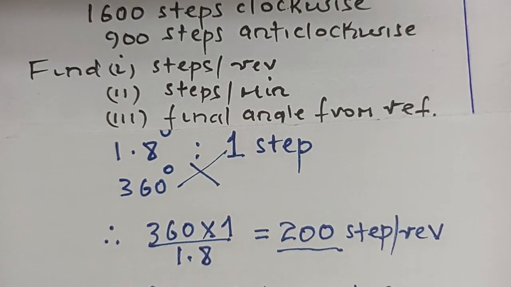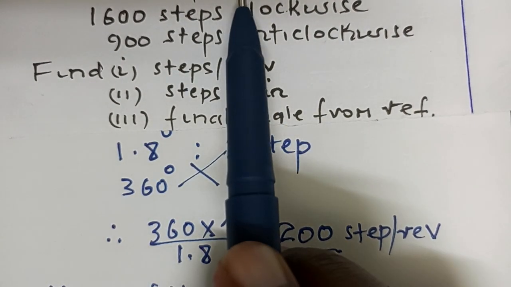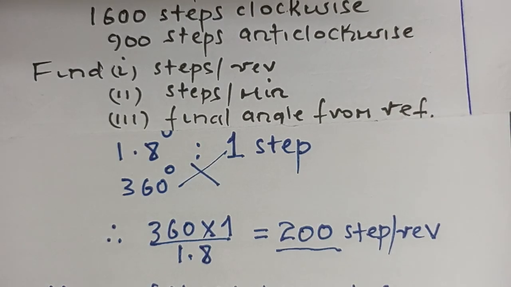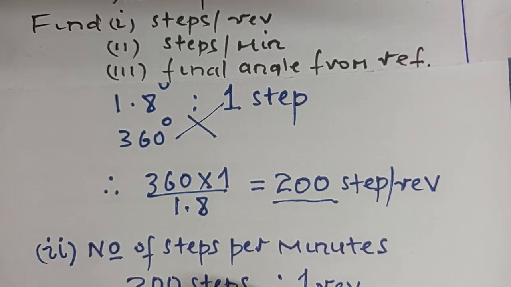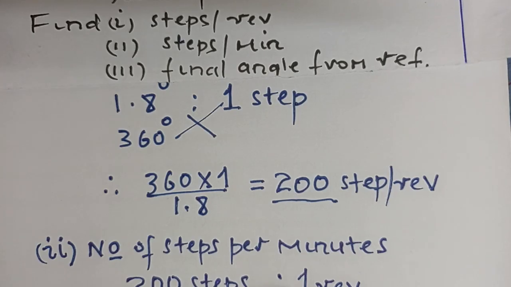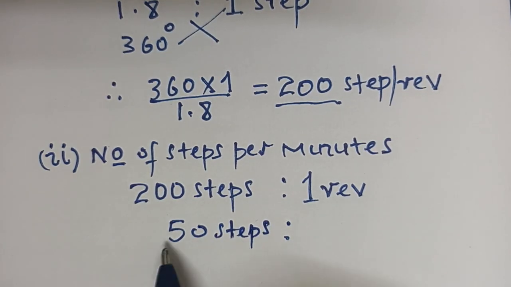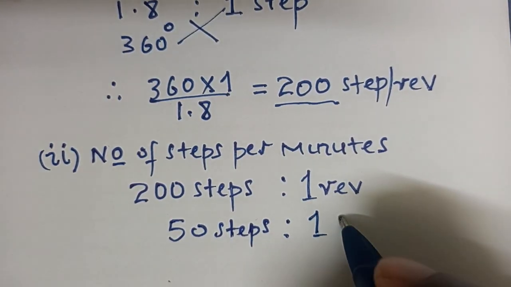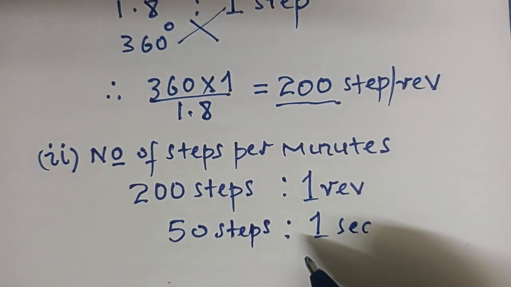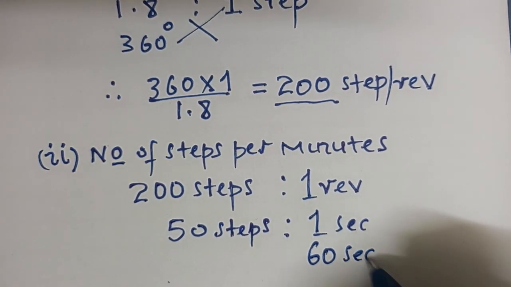And so let's see how many steps we have for a single second. In fact, we are now going to use this instead of that. So 50 steps is for 1 second. So what about 1 minute? 1 minute consists of 60 seconds.